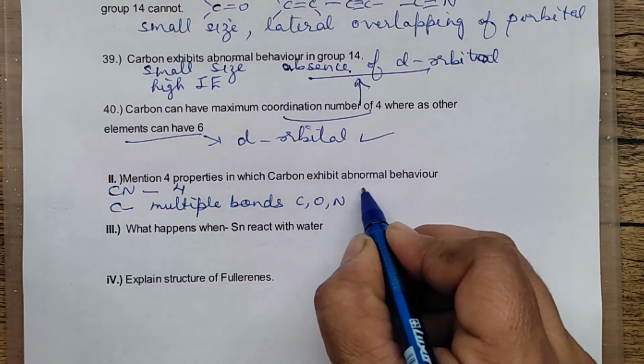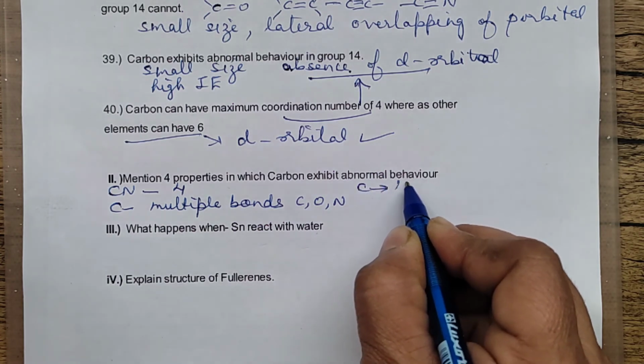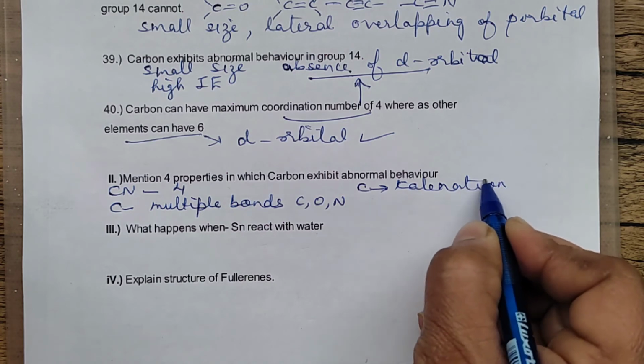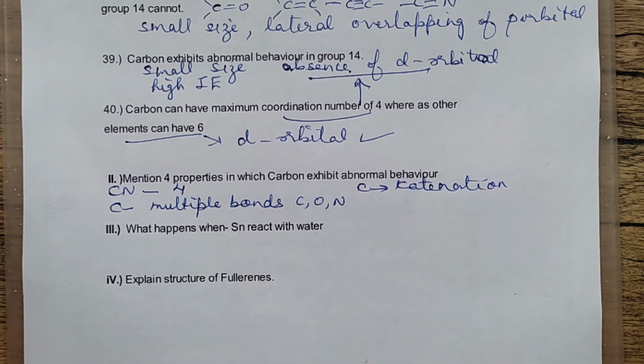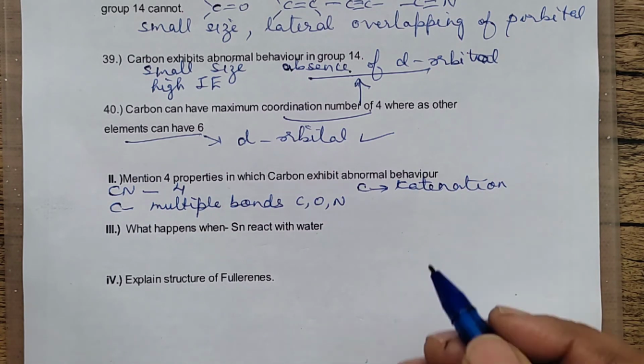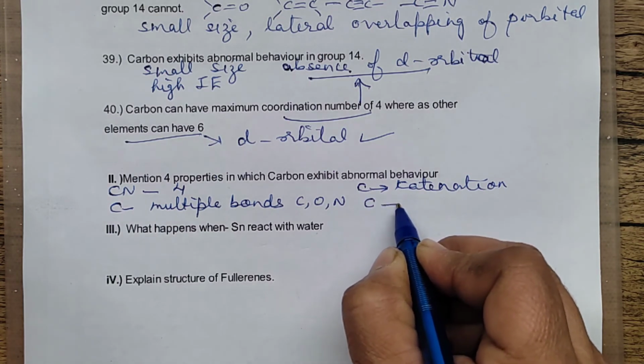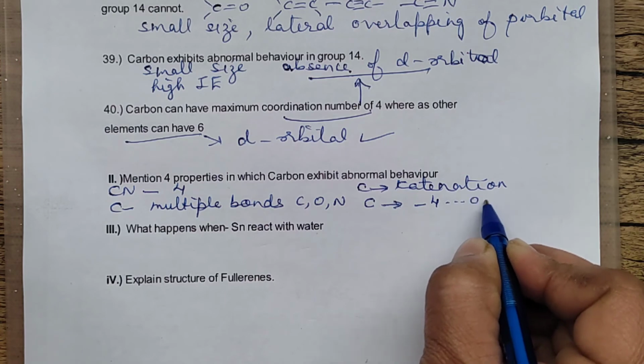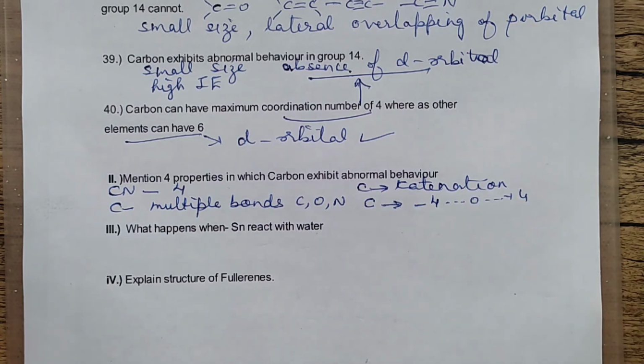Then you can write down that carbon has the maximum catenation property. The maximum catenation property of carbon is also due to the small size. You can also mention the oxidation states. Carbon can have all possible oxidation states from -4 to +4 including 0 in different compounds.